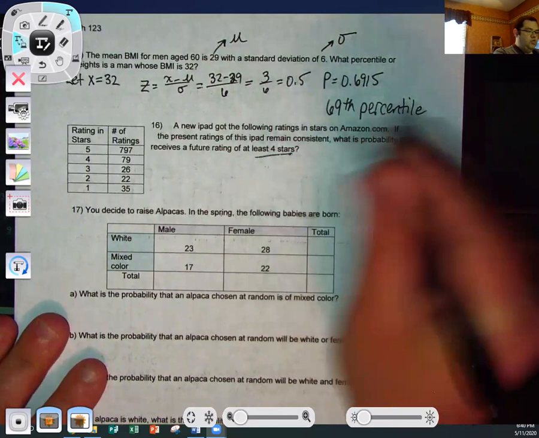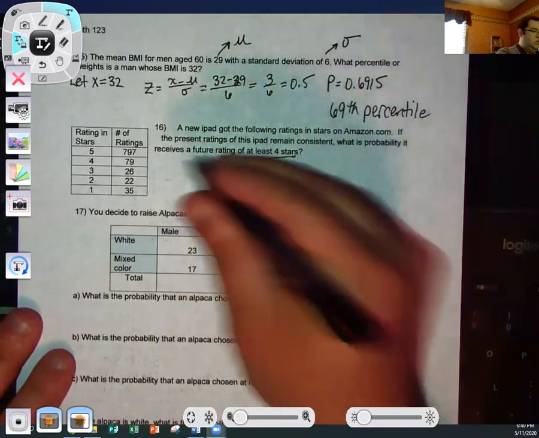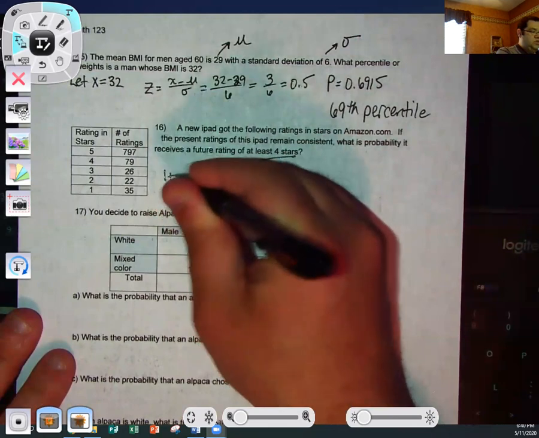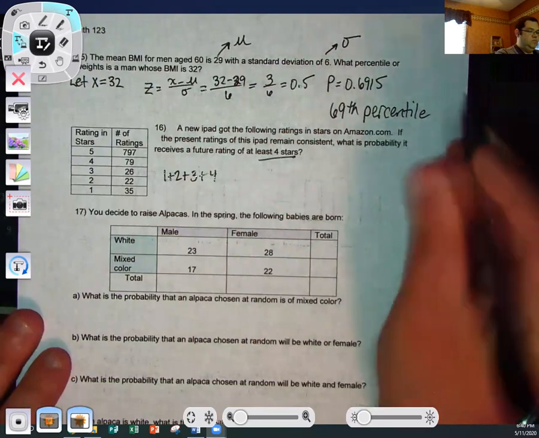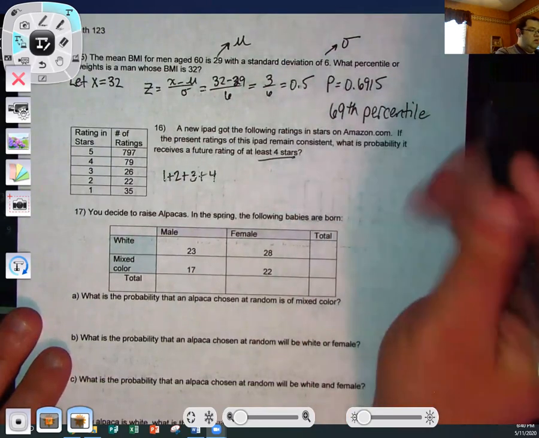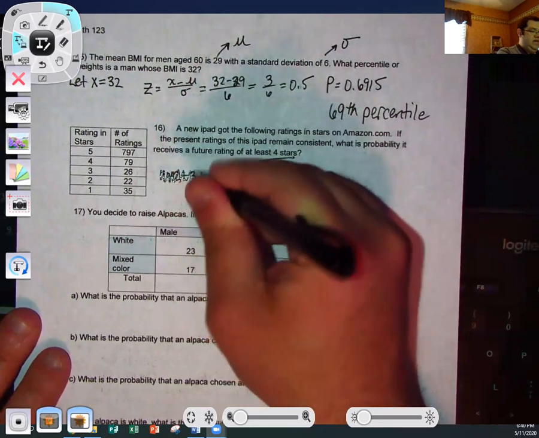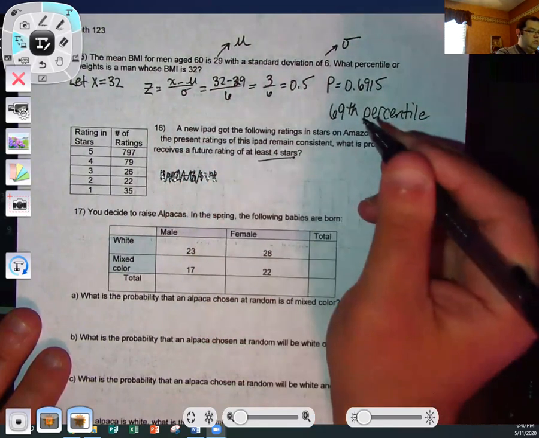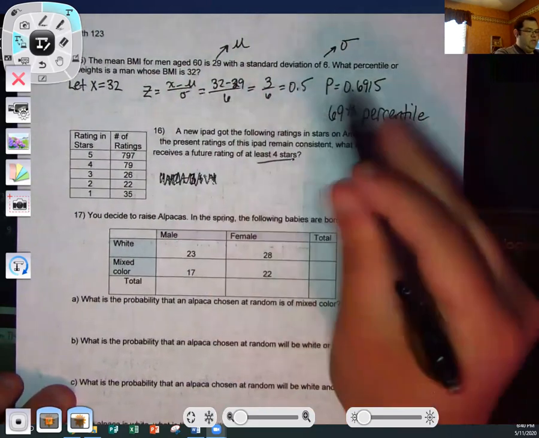So at least 4 stars, that means we have to add 1 plus 2 plus 3 plus 4. So we have to add those ratings. No, take that back. At least 4 stars. So to calculate that, we have to add 4 and 5.